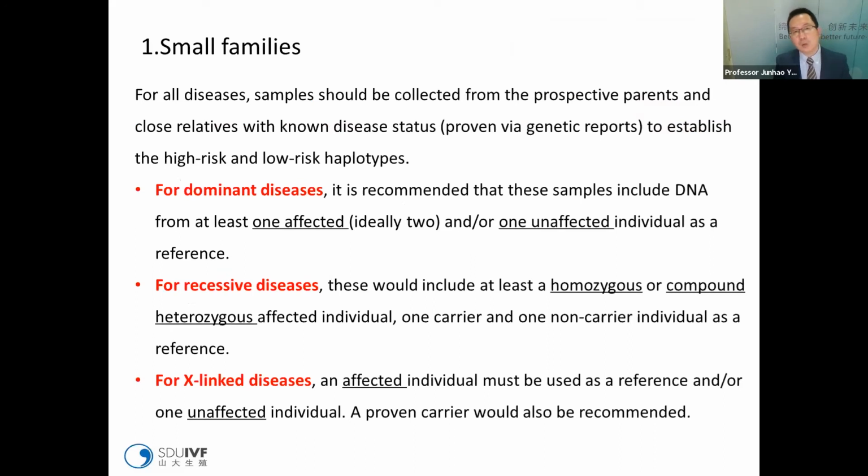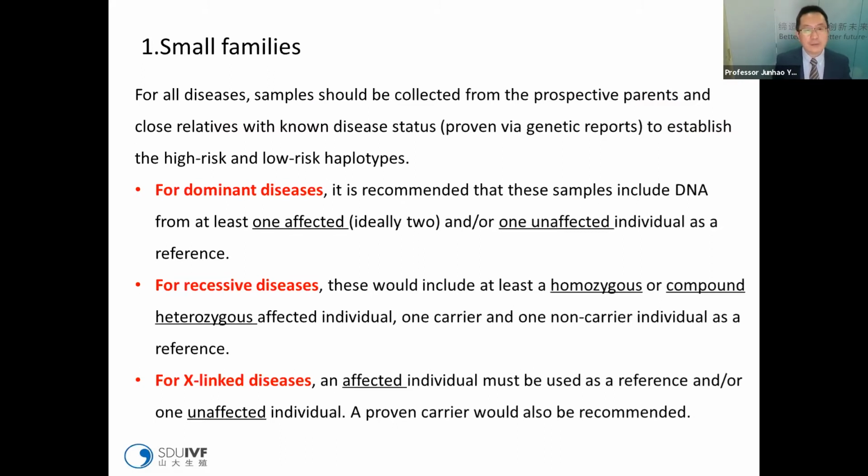We know that for all diseases, samples should be collected from the prospective parents and close relatives with known disease status to establish the high-risk and low-risk haplotype. For dominant disease, it is recommended that one affected individual and/or one unaffected individual should be collected as a reference.